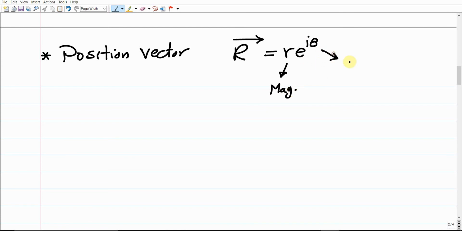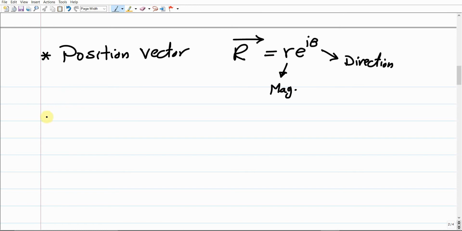In addition, theta defines the direction of this position vector, and i is the square root of -1, because this indicates that we're using complex numbers. So that's why the method that we are using here is the complex algebraic method, right?